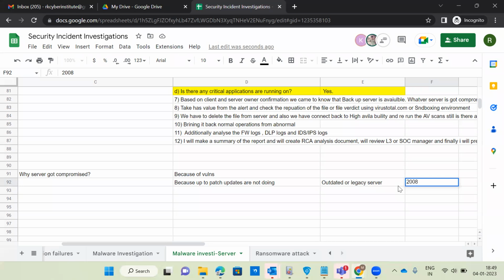They are already working parallelly on one more project, migrating from 2008 to 2012, along with application migration. Within 6 months they are going to complete the project. That's the update I got from the application development team and the server team.